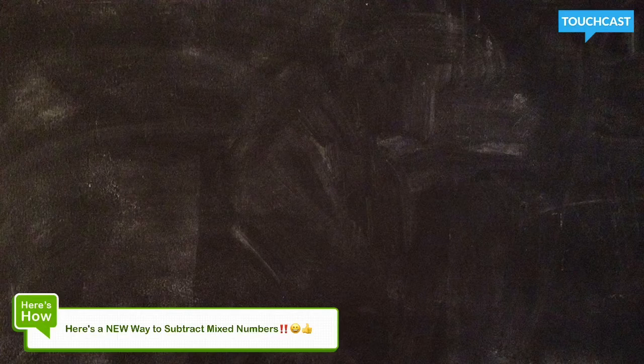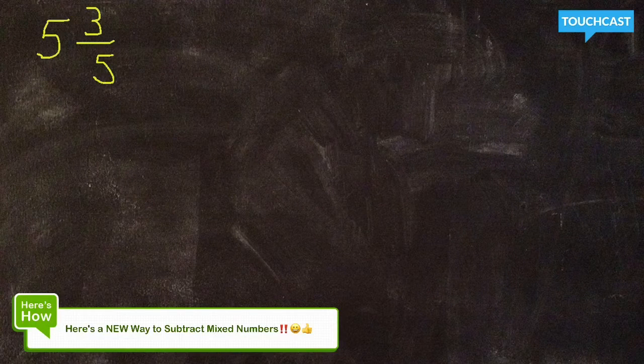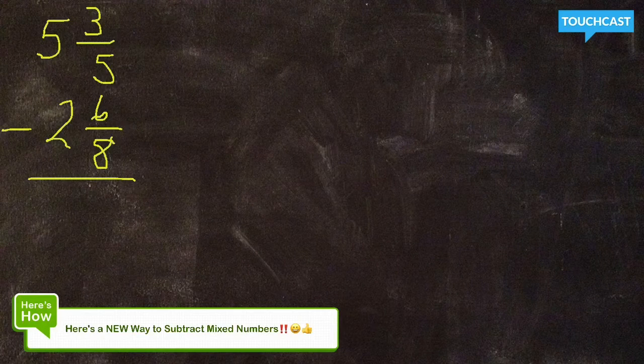Okay, our next problem, we're going to use 5 3/5 minus 2 6/8. Now, not every problem is going to be quite as easy as the one that we just did.